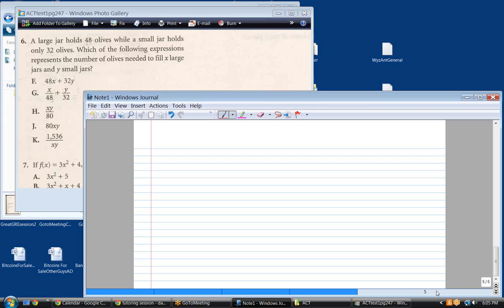Okay. Let me suggest another way to solve this. Pick some numbers. When you're doing the ACT test, the goal is not to show anybody how much mathematics you know. The goal is to get the questions right. So there's generally 3 methods for any question.